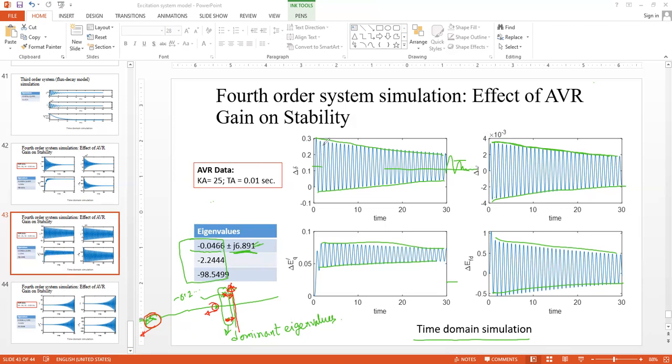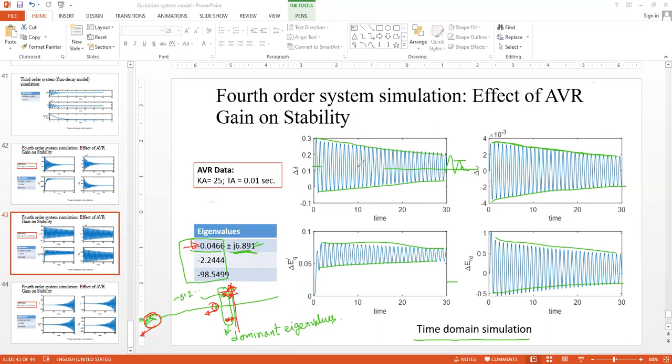And the time domain response also suggests that, because of these eigenvalues getting shifted towards the right, but still they are on the left. They haven't shifted totally to the right of the y-axis, but they are getting near to the danger zone.